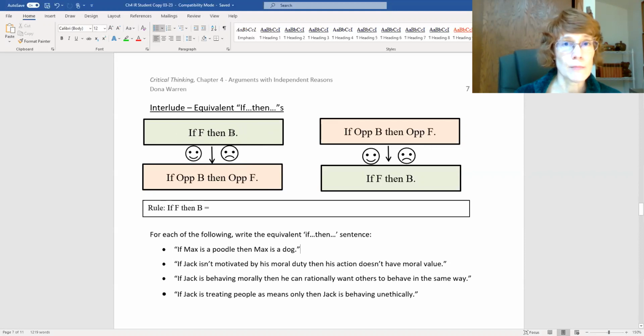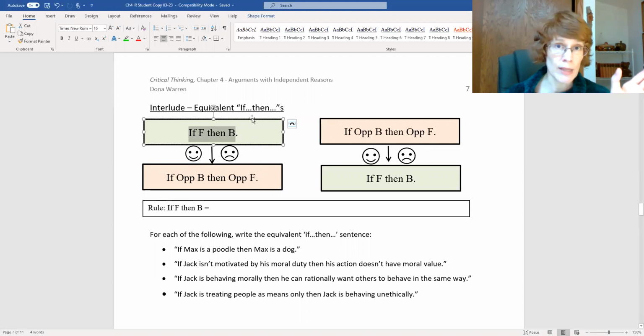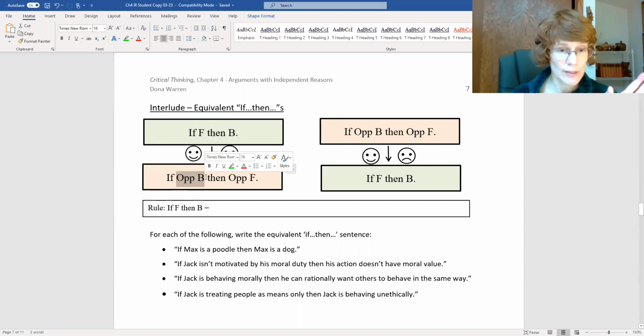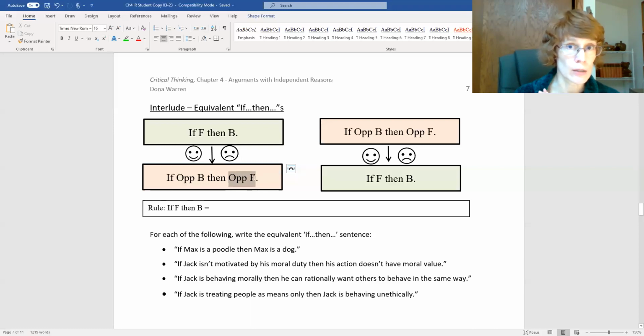If front, then back. Therefore, if opposite back, then opposite front. Now, it's been a while since we talked about evaluating inferences to if-then sentences, but we have a trick. Remember what that trick is? What we can do is think about taking the entire claim that is the reason and adding to it the front part of the conditional and seeing if the back part of the conditional follows.